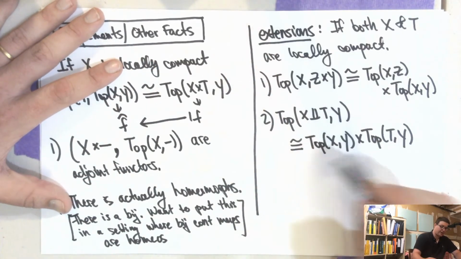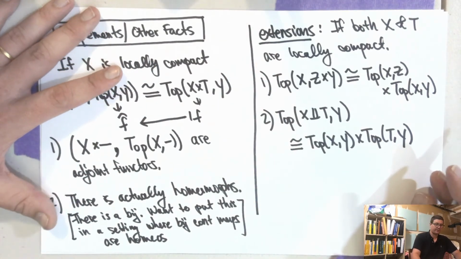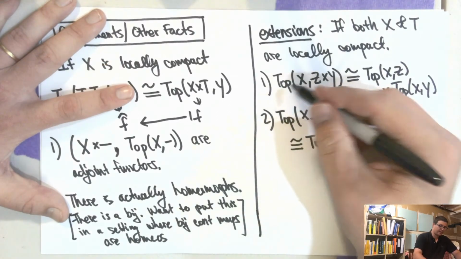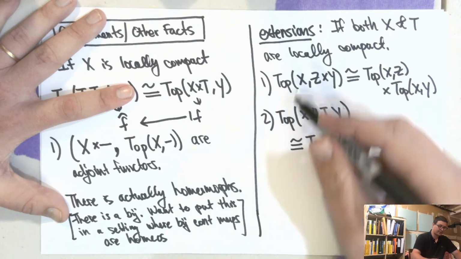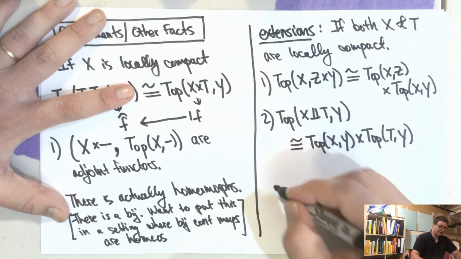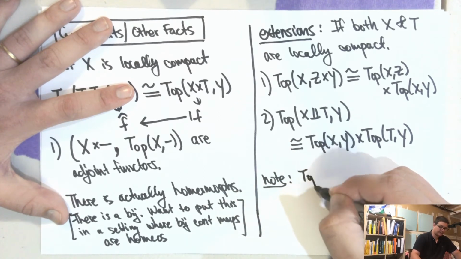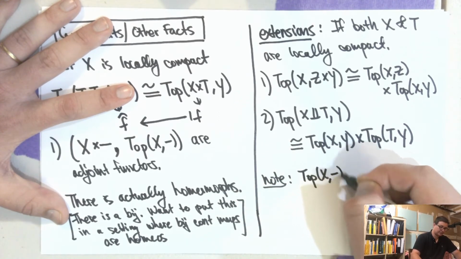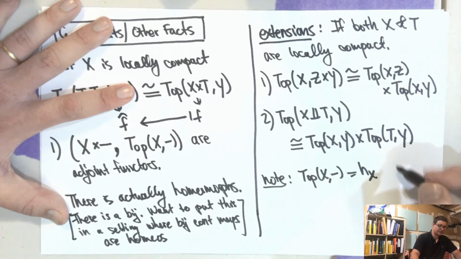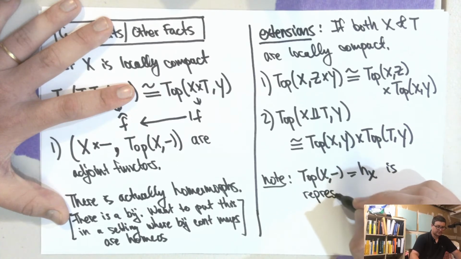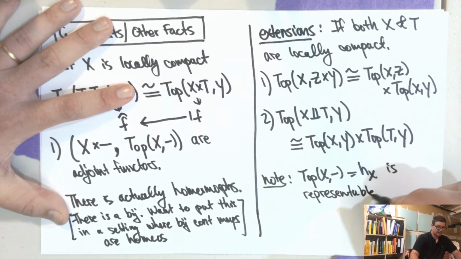These will come from general category theory principles. This is a representable functor. Note that Top(X, -), one of these H^X functors, is representable, and representable functors preserve limits.